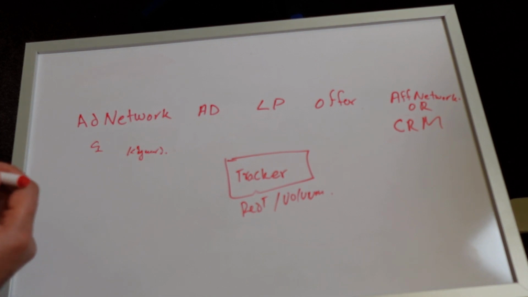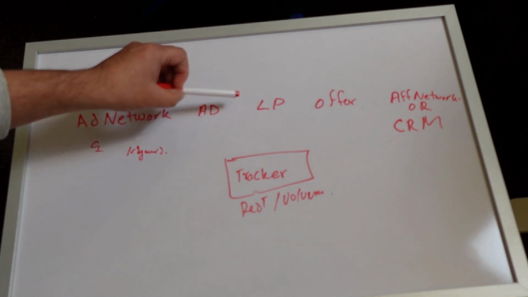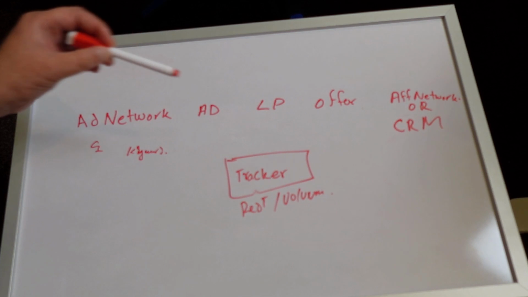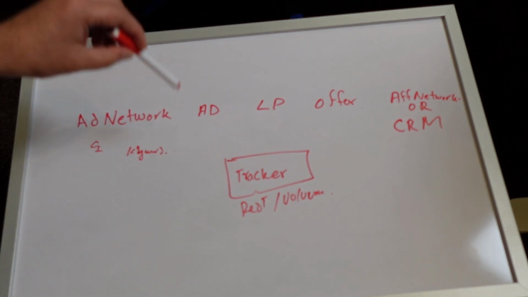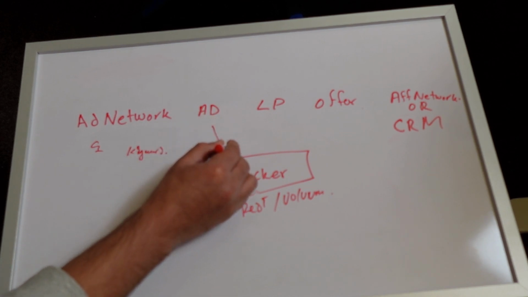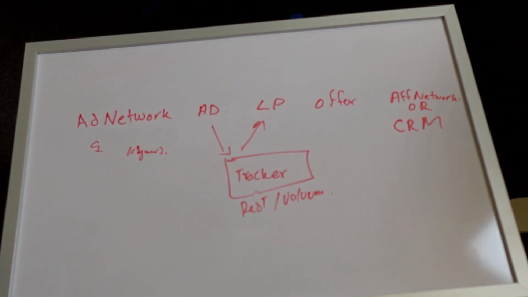Now some trackers use redirectless tracking. That means the user goes to your landing page, and from there it communicates with the tracker. Or there is redirect tracking as well, where the user comes to the tracker, and from there it redirects the user to the landing page.